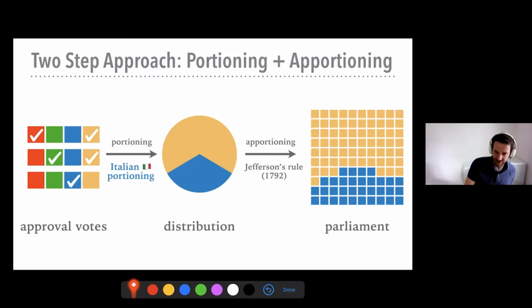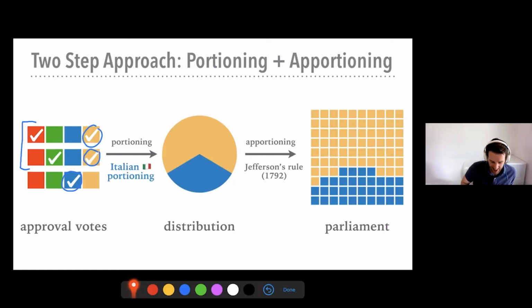In this example, the yellow party would get 2 approvals, so it would be the approval winner. And then all the voters who approve of the yellow party, among others, are assigned to this party. So basically, the first 2 voters would vote completely for the yellow party. The last voter votes for blue because it's the only one that approves. And then we would get this vote distribution and the corresponding parliament.